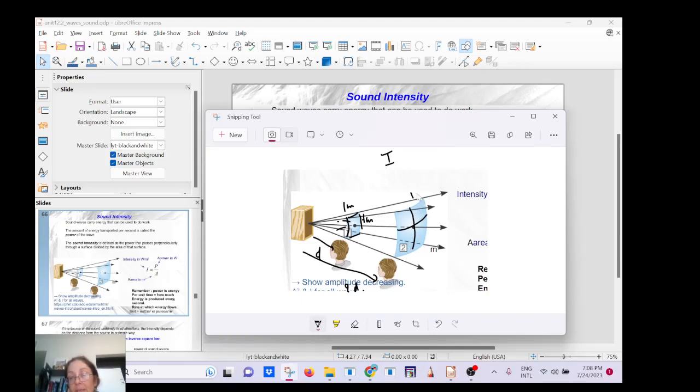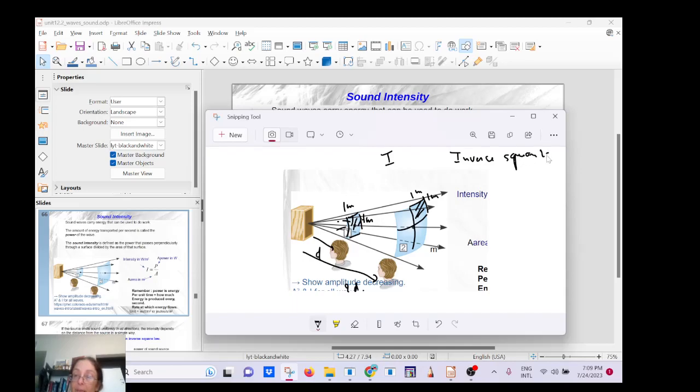So if you have a unit area here, 1 meter by 1 meter, the amount of energy flowing through here will be 1/4 of the energy flowing from there. So this is called the inverse square law.